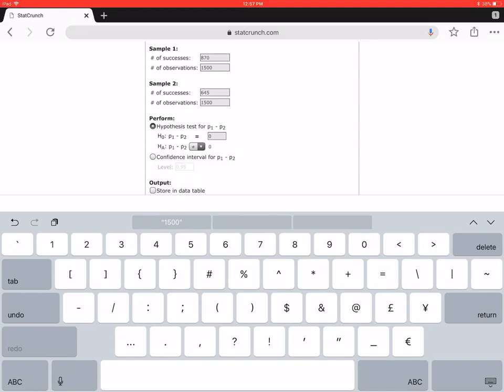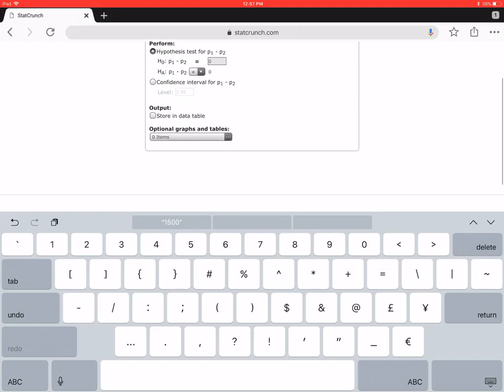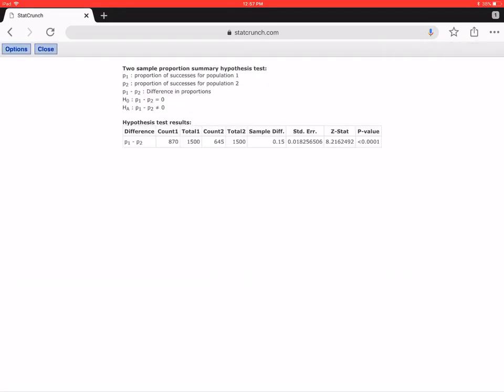I'm going to leave it on the hypothesis test. So my null is that when I subtract them I get 0, and my alternate is that if I subtract them I do not get 0. That's what we had. And I don't need to do anything else here. I could always do an optional graph if I want to, but I'm going to go ahead and compute it.